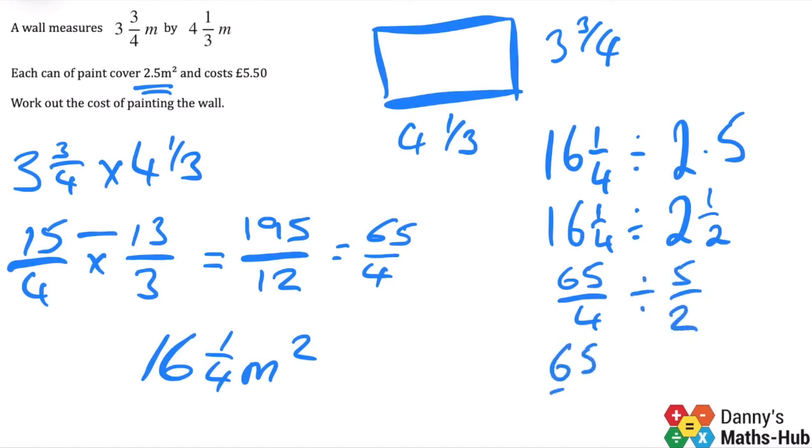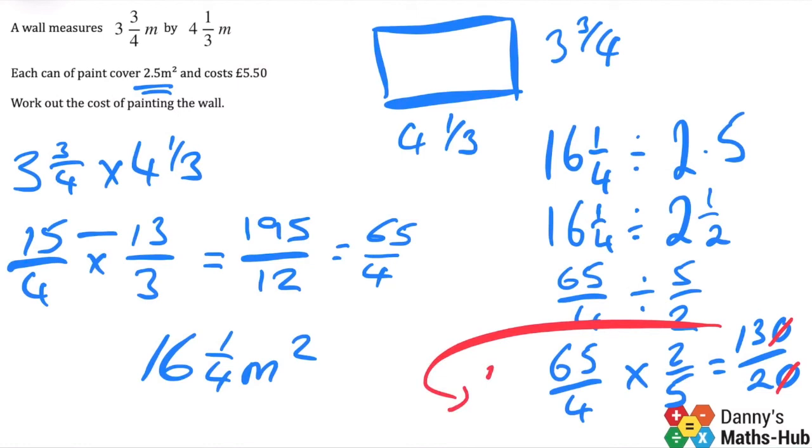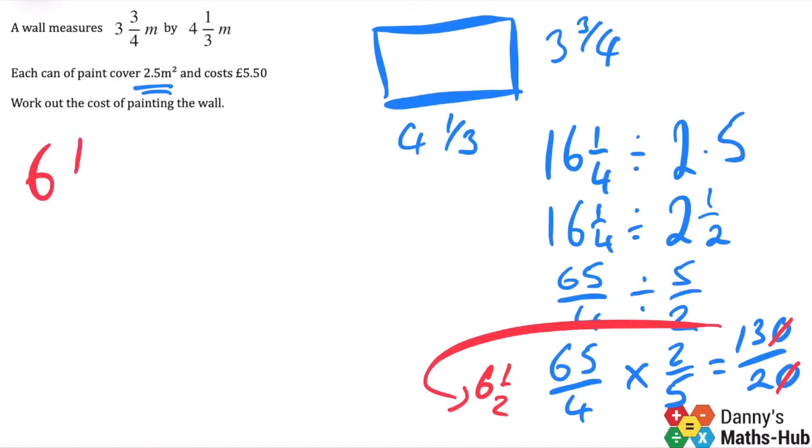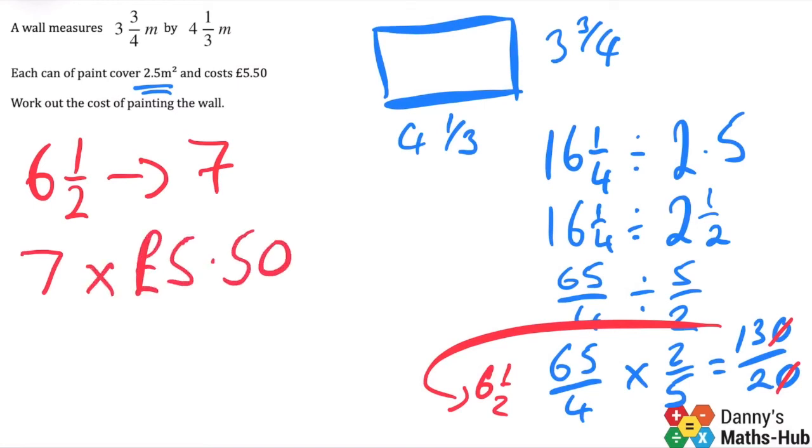Keep, change, and flip to get 130/20. They both end in 0, so we know we can easily simplify this down to 13/2. And 13/2 as a mixed number becomes 6.5, and I'll write that over here. Now you can't buy 6.5 tins, so we'd have to buy 7 tins. So 7 tins at £5.50 each would mean we spend £38.50.